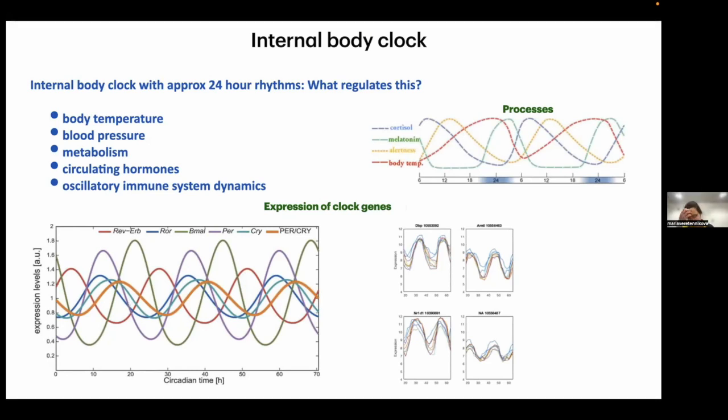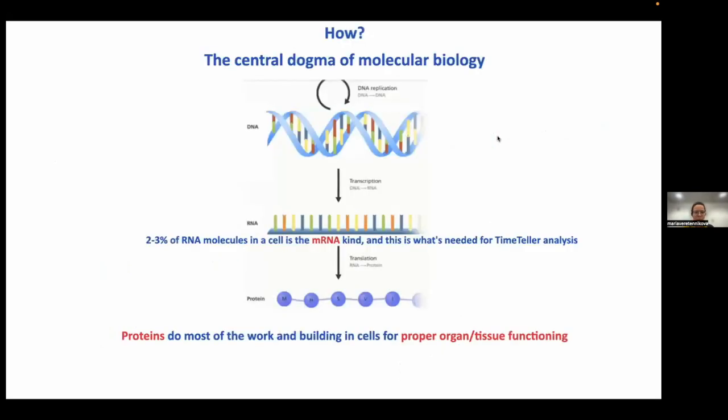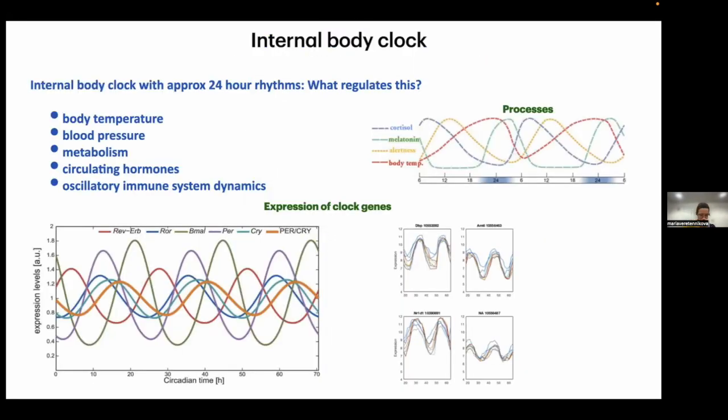I will talk about the details so you understand more in a second. And in fact, it's these genes, their expression during a 24-hour day cycle, that governs these processes being rhythmic.